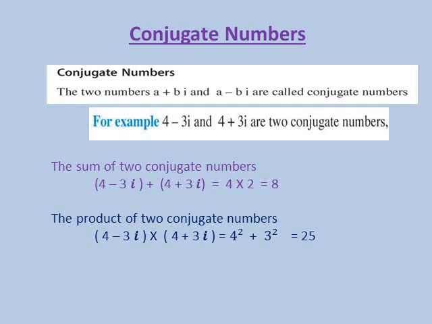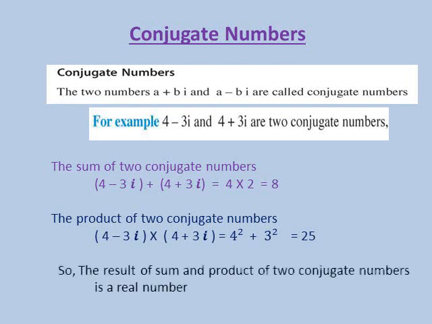Here, the real part is 4, so the answer will be 4 power 2 plus the imaginary part 3, 3 power 2. 4 power 2 equals 16 plus 3 power 2 equals 9. The answer will be 25, and also it is a real number. So we get this conclusion: the result of the sum and the product of two conjugate numbers is a real number.